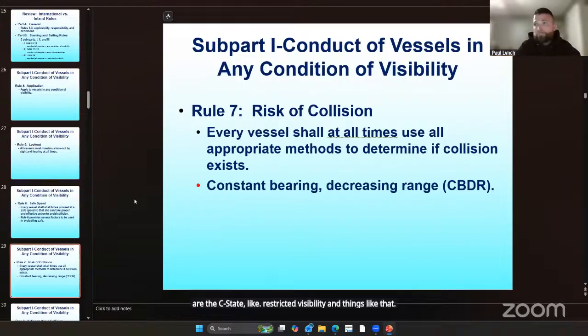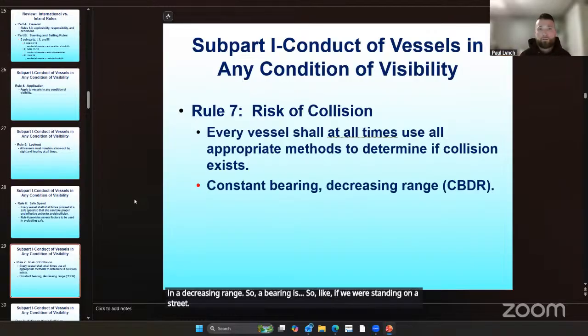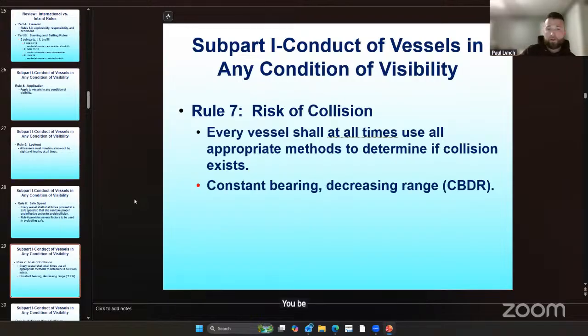Some of those factors are the sea state and restricted visibility and things like that. So risk of collision is when there's a constant bearing in a decreasing range. A bearing is like if we were standing on a street, you bear from me. A bearing is an object that is away from you, not you from it.